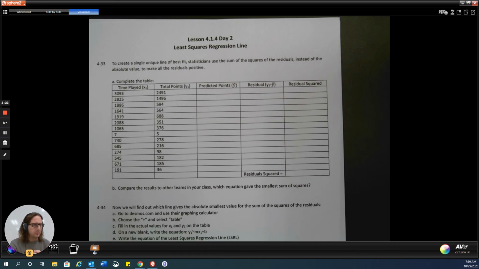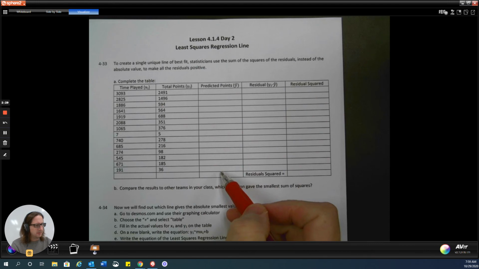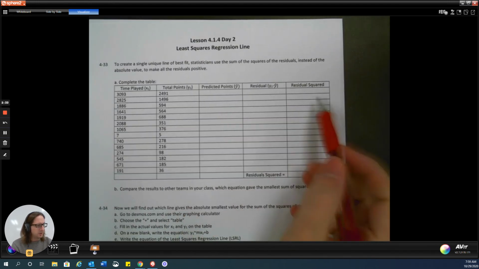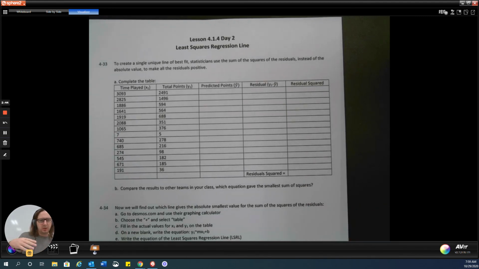So we're going to take your data, figure out its predicted amounts, find the residual, which is y1 minus y-hat, and then square those residuals. The line that is the absolute best will give us our smallest sum of squared residuals, because that means the residuals are the closest to the actual line.